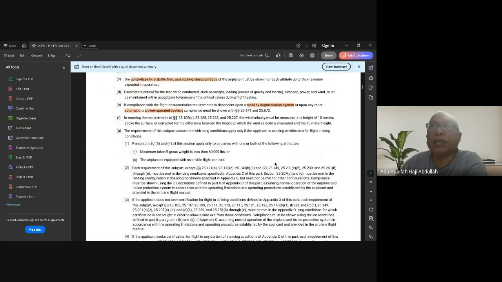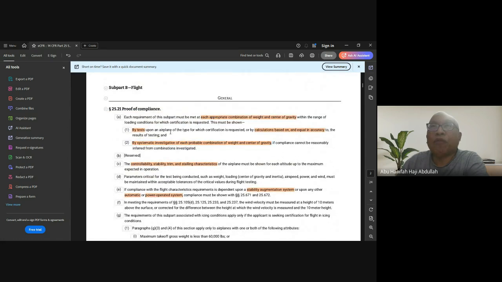So this is in the proof of compliance. What I would like to stress here is test. Test is a must. It must be shown by test or by calculation based on equal accuracy. How do we say that our calculation will be similar to what we get in flight, in test flight?